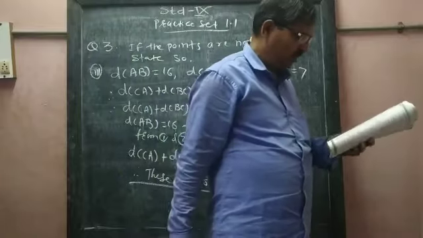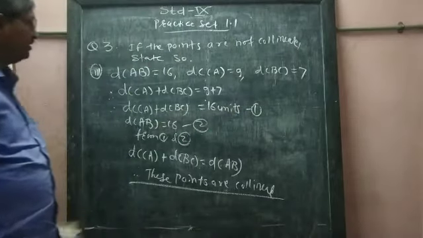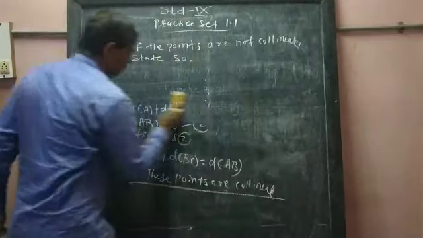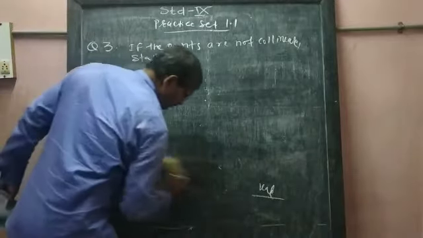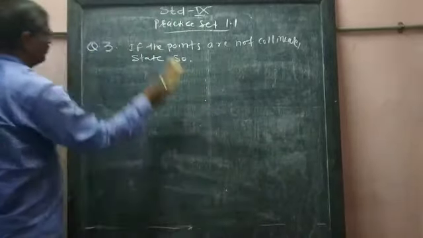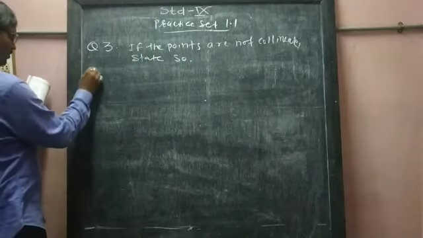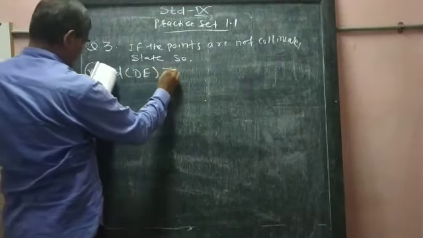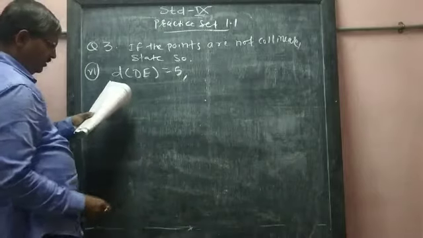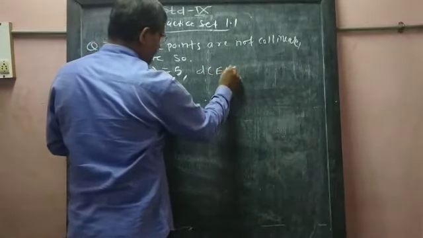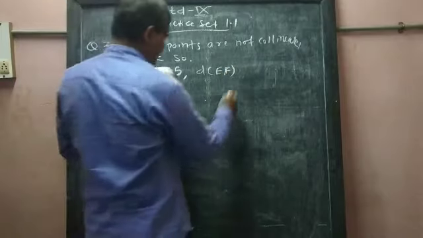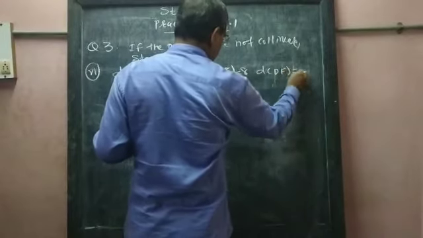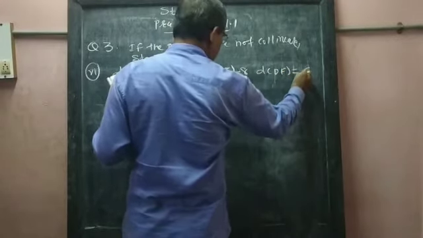Now we will take one more, question number 6. Distance of DE is given as 5. Distance of EF is equal to 8, given, and distance of DF is equal to 6, given.